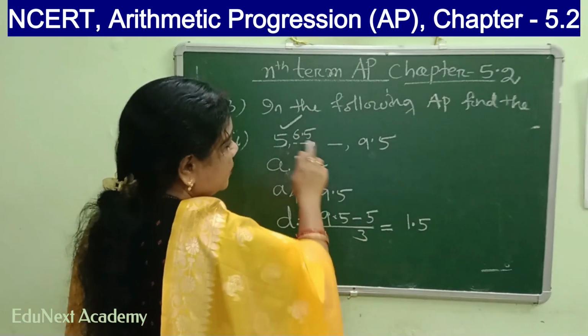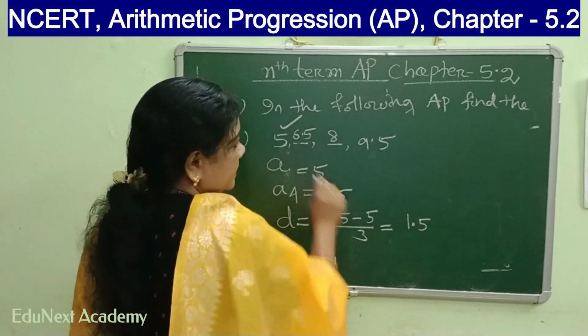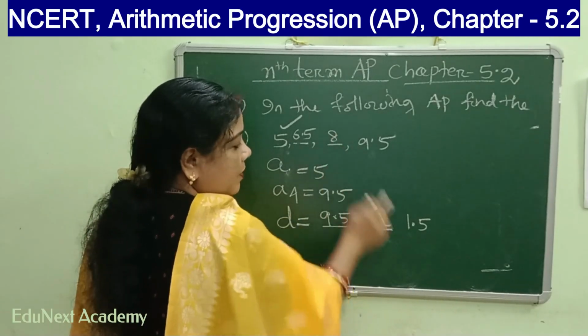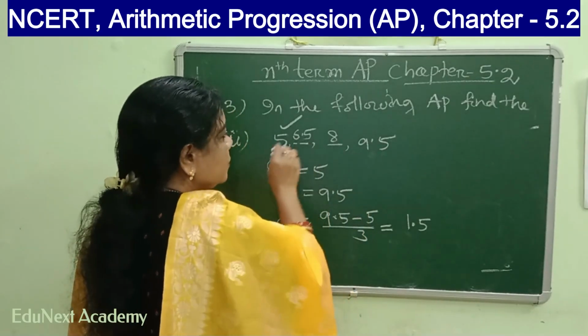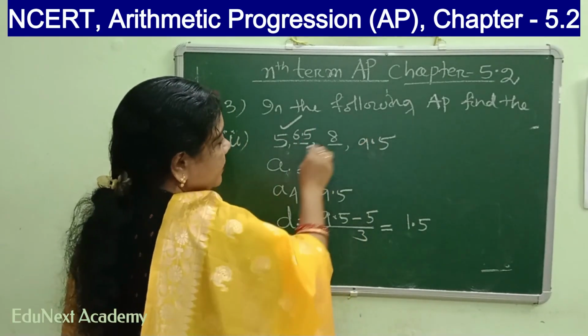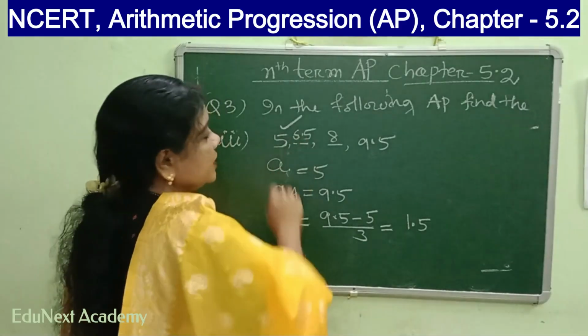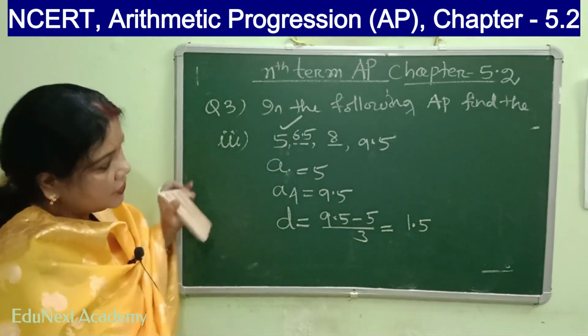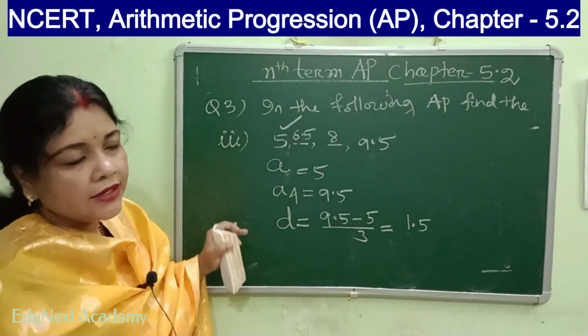The third will be 6.5 plus 1.5, that is 8. And the fourth one obviously 8 plus 1.5, that is 9.5. So between 5 and 9.5 we have two missing terms. We got here 6.5 and 8. So in this way you need to solve this kind of problem.